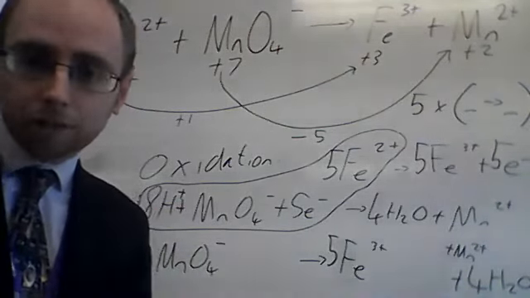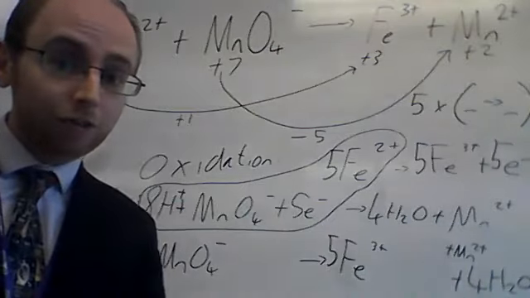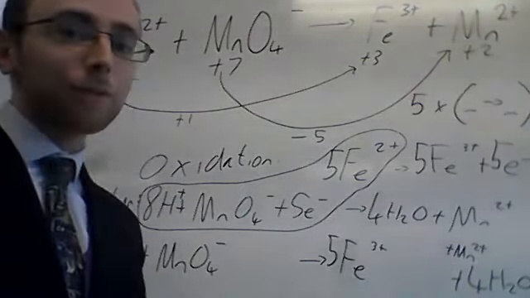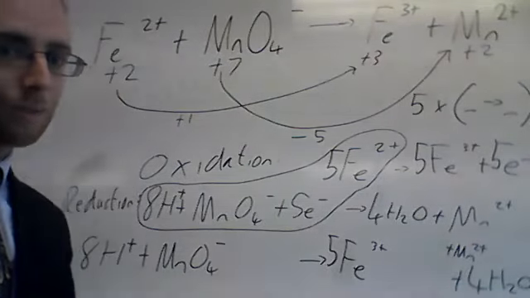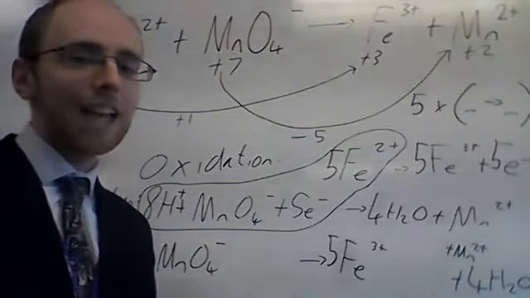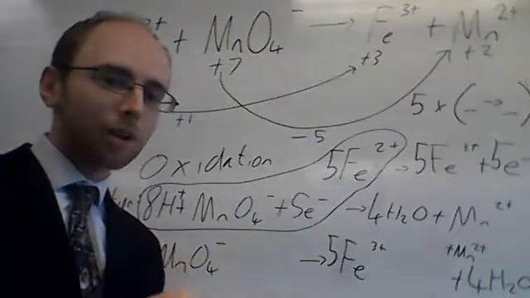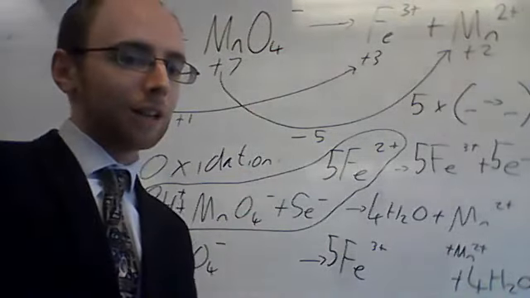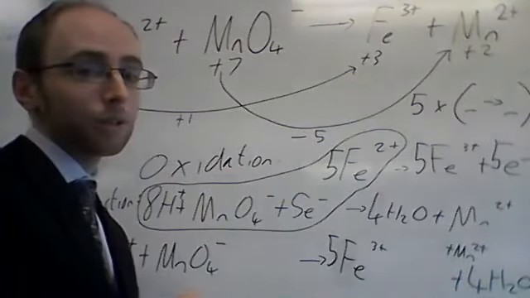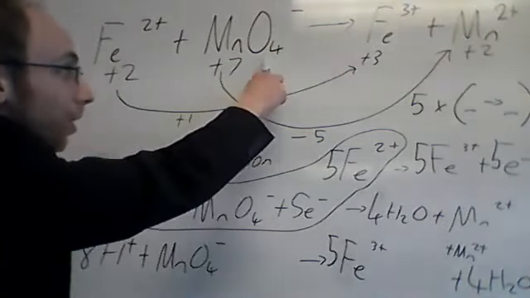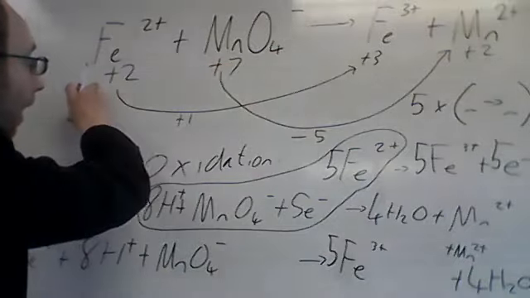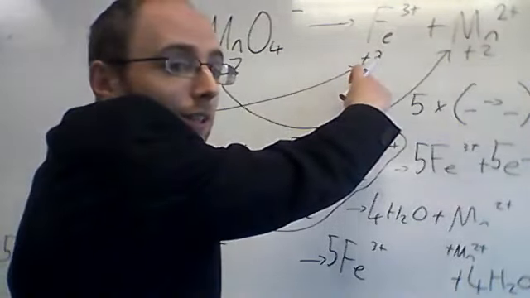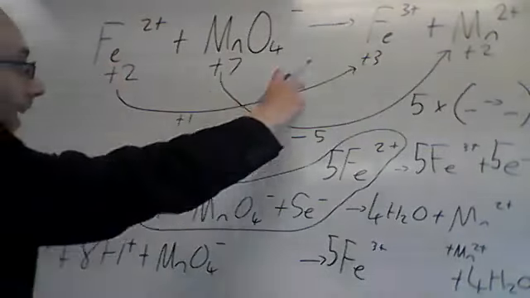The last little thing, you could stop there if you like, if you're feeling saturated, but one thing that we haven't talked about is you'll sometimes be asked to identify agents. An oxidizing agent is something we can chuck into our test tube in order to oxidize something else. And the manganate ion is a popular choice. You can see that because of this reaction, the Fe2+, the iron 2+, has been oxidized to iron 3+. You can see that because of that, that's happened.